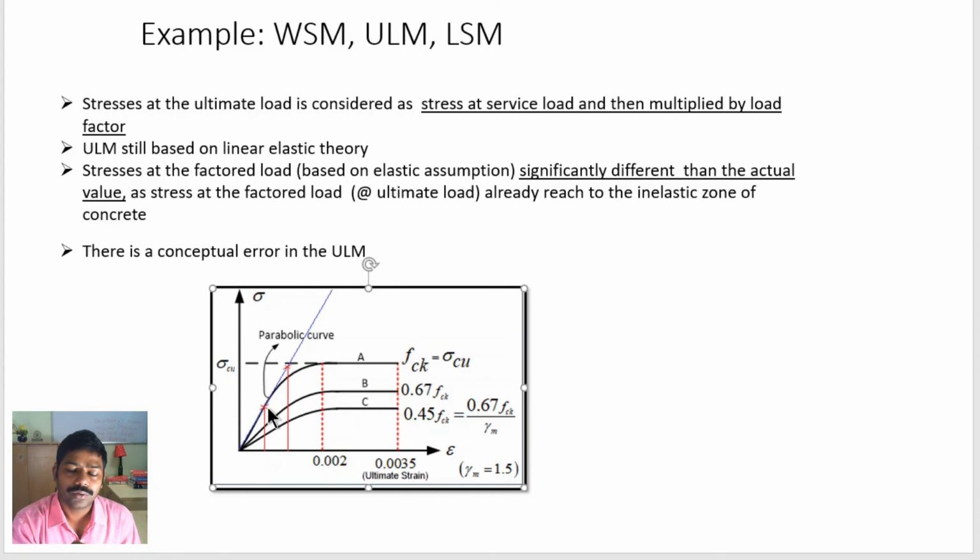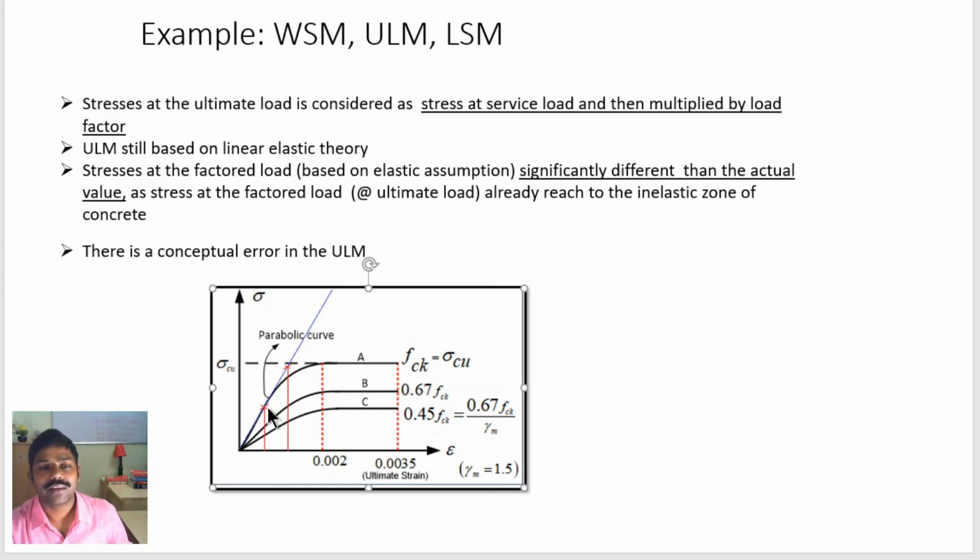So though the concrete reaches the ultimate zone, or nonlinear or inelastic zone, the ultimate load method is still based on the linear elastic theory, because we are calculating stress as per our linear analysis. Whatever stress we calculate as per the factored load will be significantly different from the actual one.